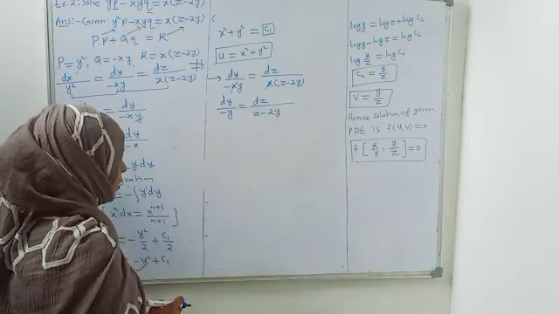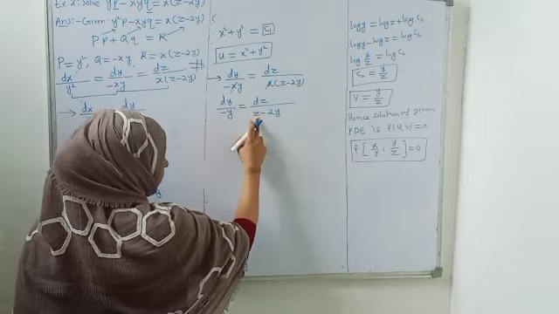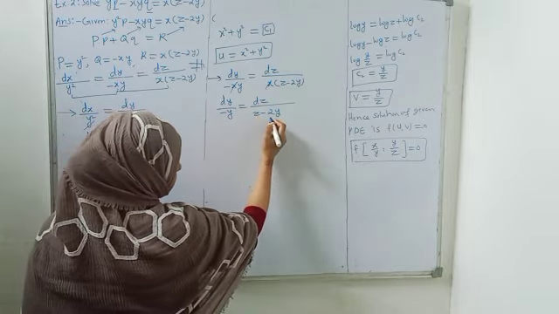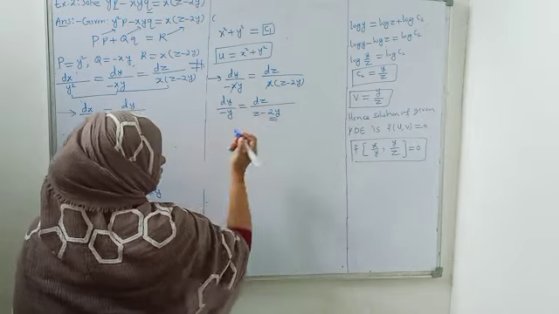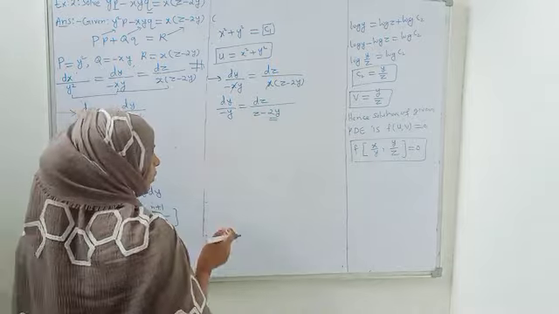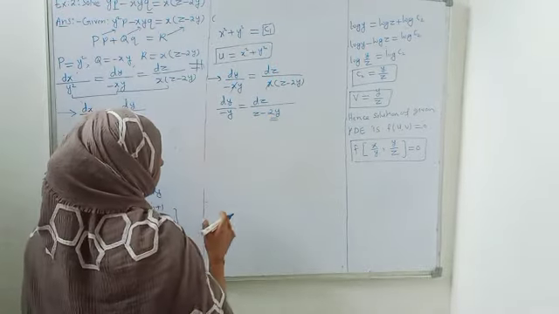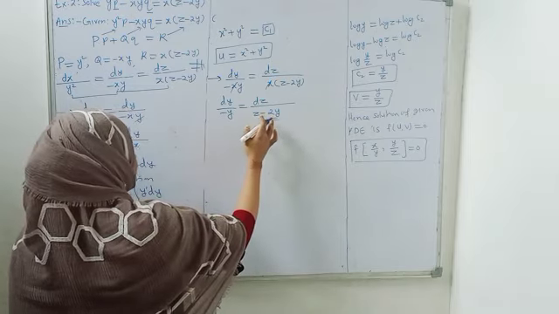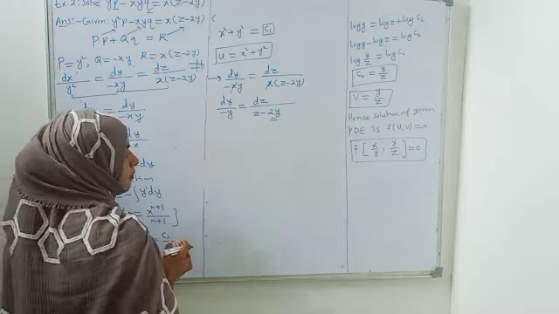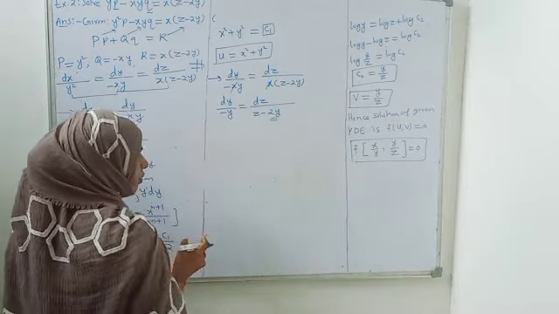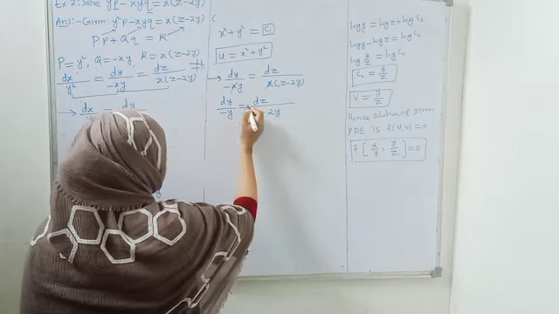Now students, dy should have only the y variable, but in the dz denominator, z has the additional term minus 2y. So we can't transfer minus 2y to the side of dy. If I transfer z minus 2y, it goes with dy. So when you are not getting a variable separable form, you have to just cross multiply.